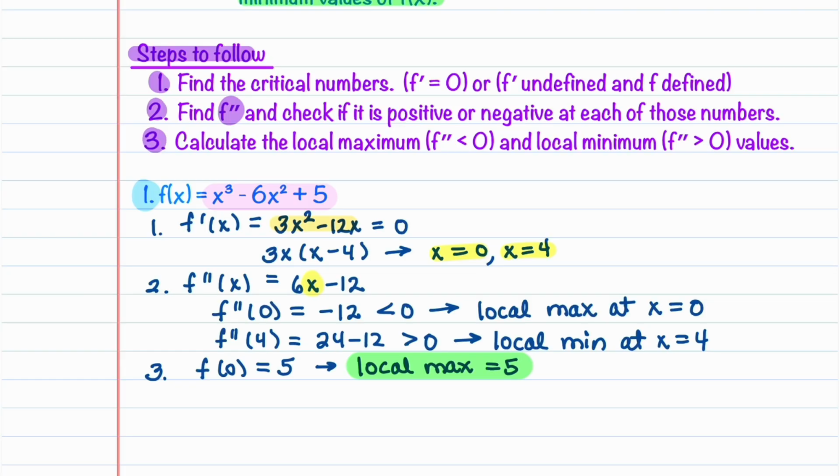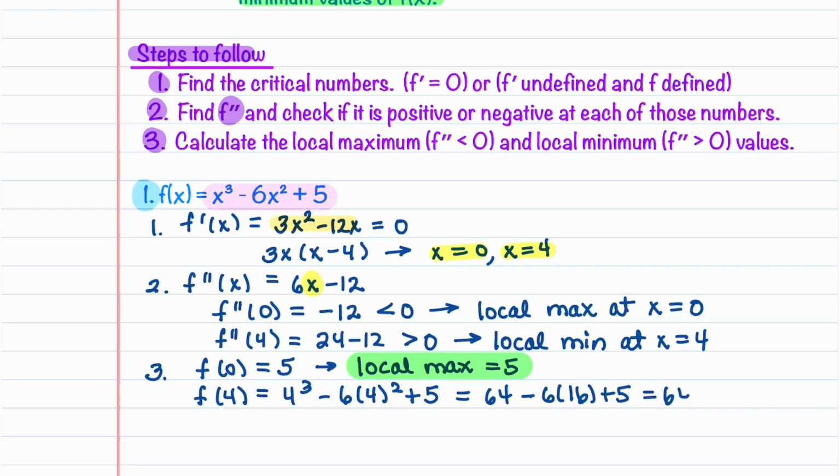Now let's plug in 4. This is going to be a little bit more work. F at 4 is 4 cubed minus 6 times 4 squared plus 5. Let's see. 4 cubed is 64 minus 6 times 16 plus 5.